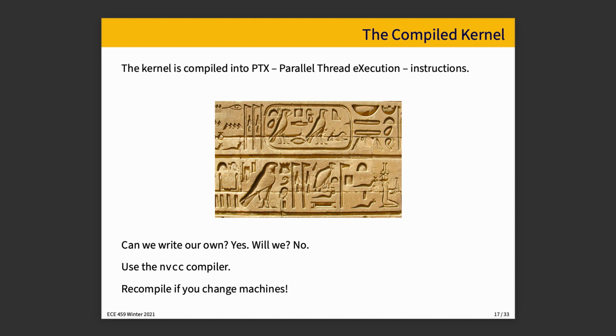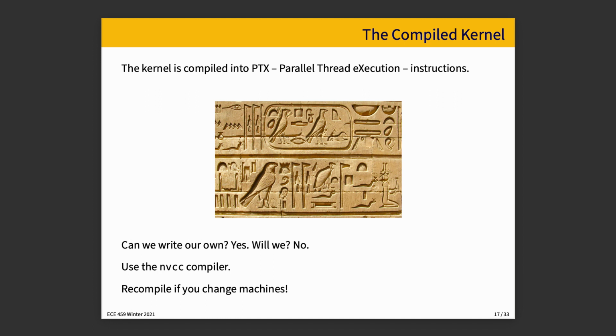Another thing that's also helpful is that the nvcc compiler will know what is available on the machine that you're using, what instructions are available, and compile accordingly. For this reason, it is probably best to just let it do that and not sweat about whether a particular instruction or command is supported. By that same token, keep in mind that when you change machines, you want to recompile with nvcc as well.